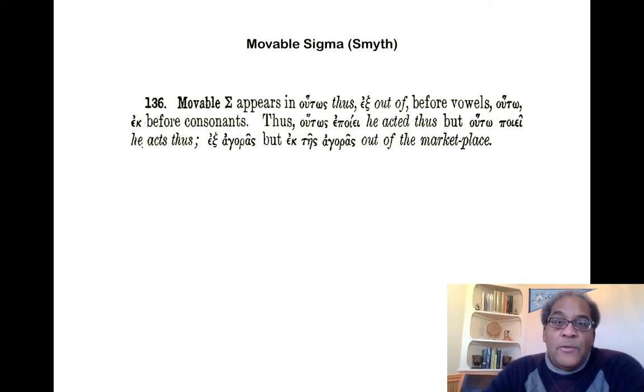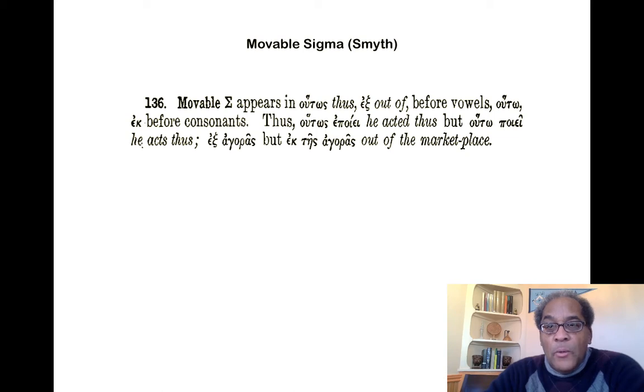And in addition to movable nu, there's movable sigma. Movable sigma appears in houtos and ex before vowels; houto and ek before consonants. Thus, houtos epoiei, the epsilon beginning epoiei triggers the movable sigma.